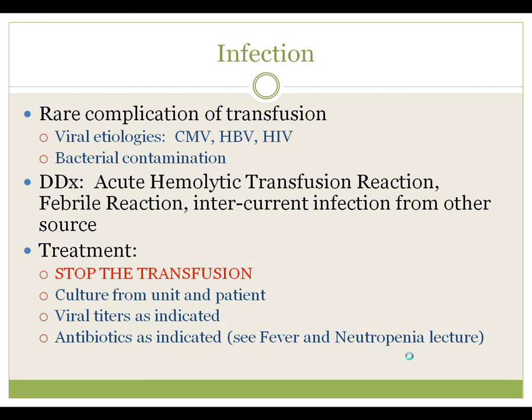Viral infections we still deal with are CMV, hepatitis B, and HIV. Bacterial contamination of the unit, while uncommon, is our greater concern, though, frankly, than viruses. Differential diagnosis includes acute hemolytic transfusion reaction, febrile reaction, or intercurrent infection from some other source.